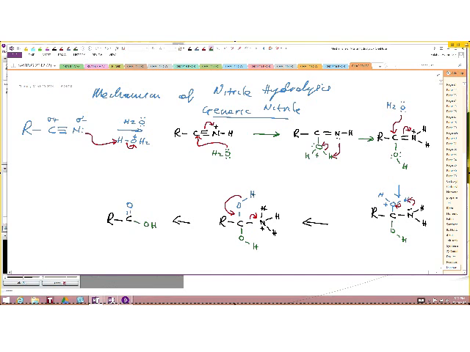Since ammonia is breaking away, and we are also losing a proton here, ammonia and that proton will get together, and you end up with ammonium ion. So you can see that's how we go from the nitrile to the carboxylic acid. This reaction does happen. I just thought I should let you have some idea what is going on here. Essentially, the carbon-nitrogen triple bond sometimes behaves very similarly to a carbon-oxygen double bond.